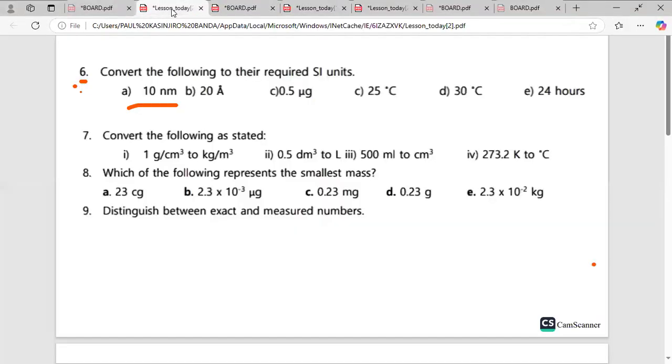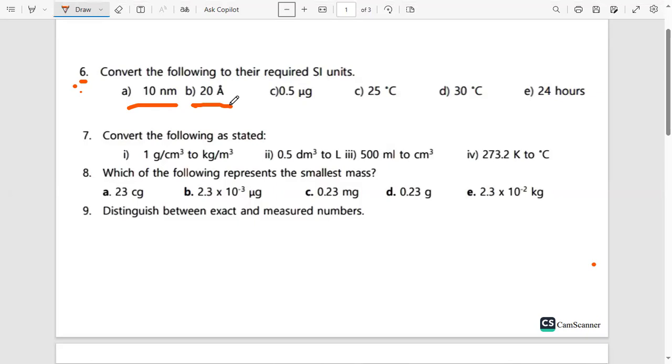Right, so let's look at this B question. This B question is very special because it's a unit that was there a long time ago and then they changed its name. But anyway, we can still work with it. Here we have been given 20 angstrom.